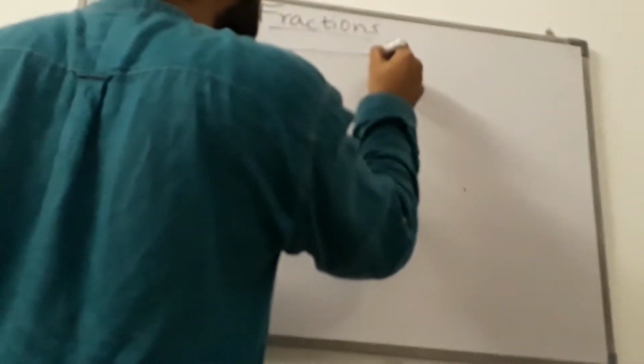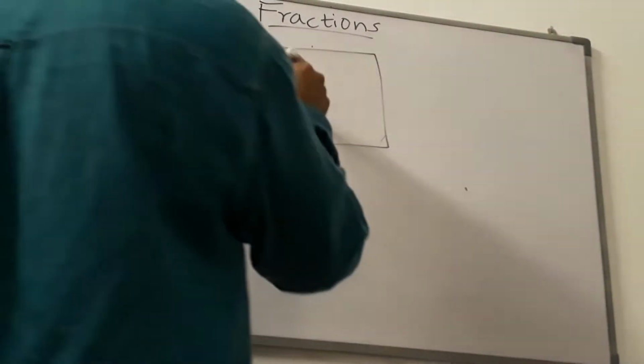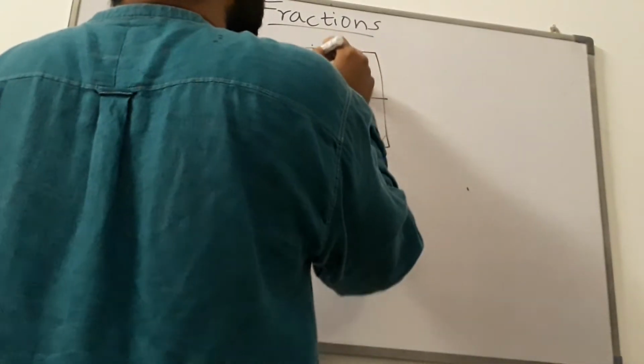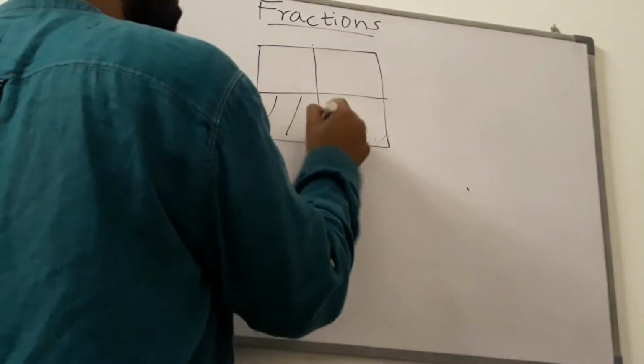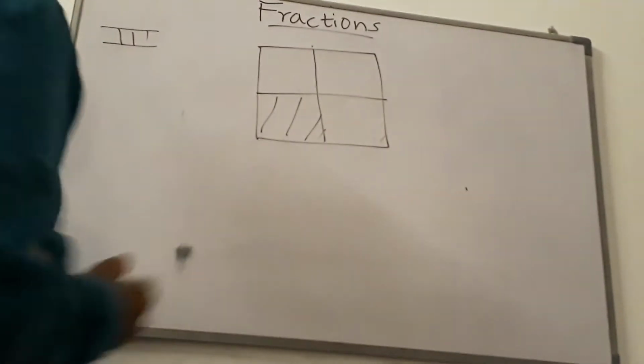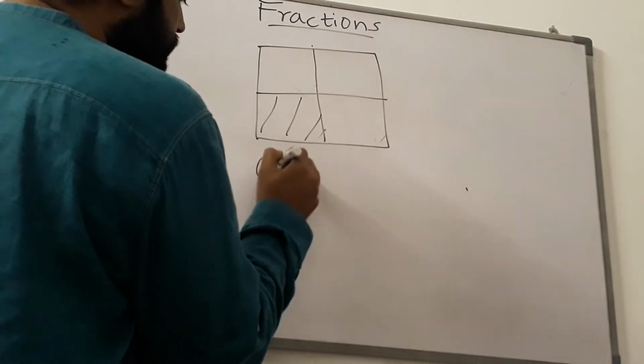Next, okay, now I am going to make use of a square. I am going to divide this into 4 identical parts. One part out of all 4 parts is known as a quarter. So this means a quarter.